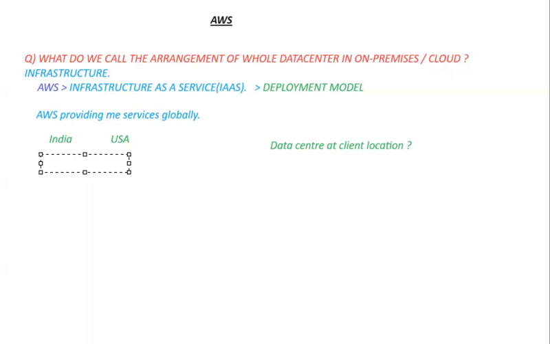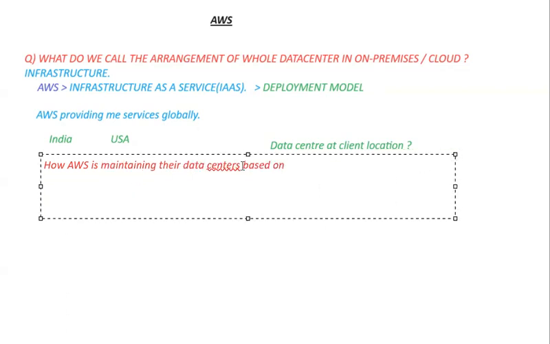So let me question: how is AWS maintaining their data centers, based on which architecture?